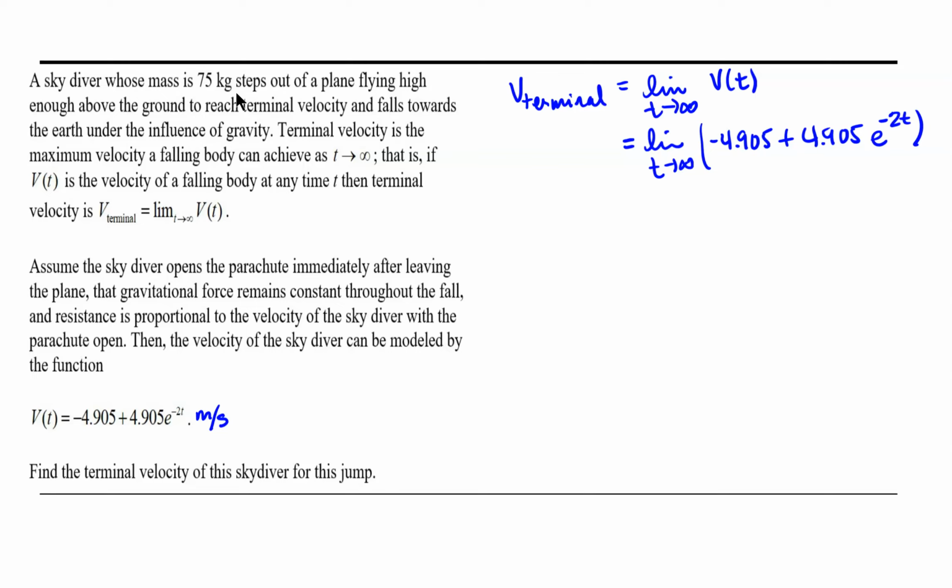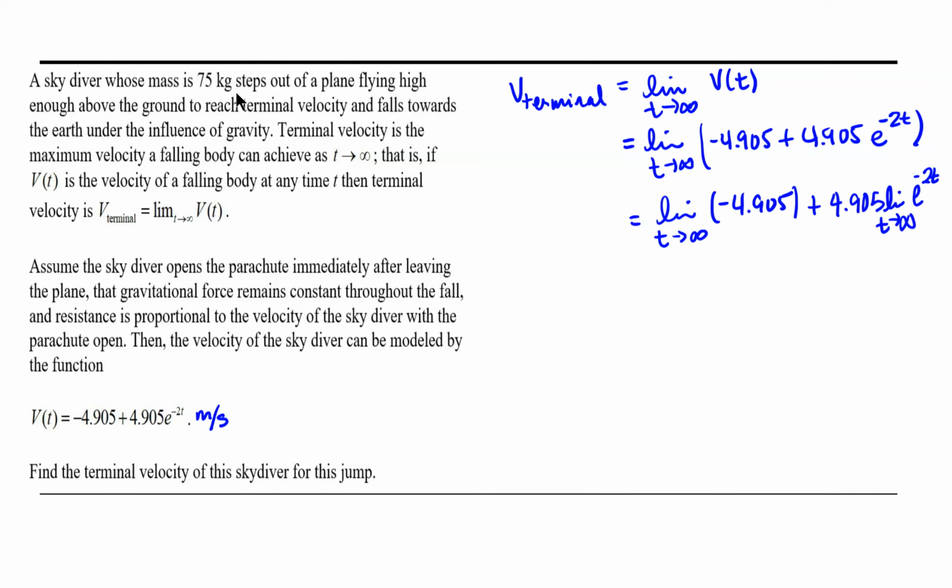Using my limit laws, we can rewrite this as the limit as t approaches infinity of negative 4.905 plus 4.905 times the limit as t approaches infinity of e to the negative 2t.